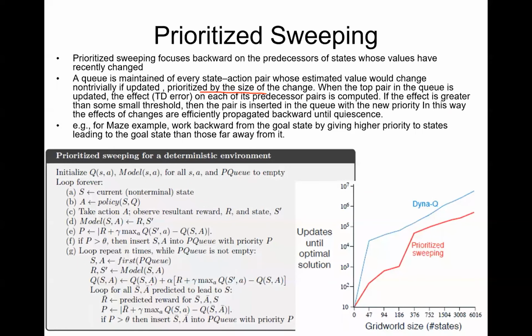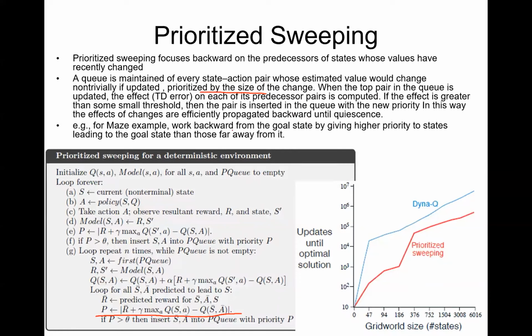So that's the insert: priority is determined by the size of the expected change, and then you pop out the highest priority in the queue to preferentially update these entries.